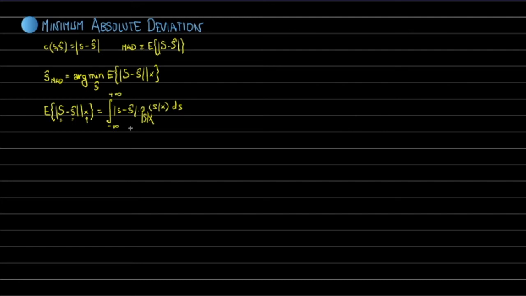Well, in order to remove the absolute values, we will decompose this integral into two halves. The first part will be the integral from minus infinity to S hat, and the second part will be the integral from S hat to infinity.